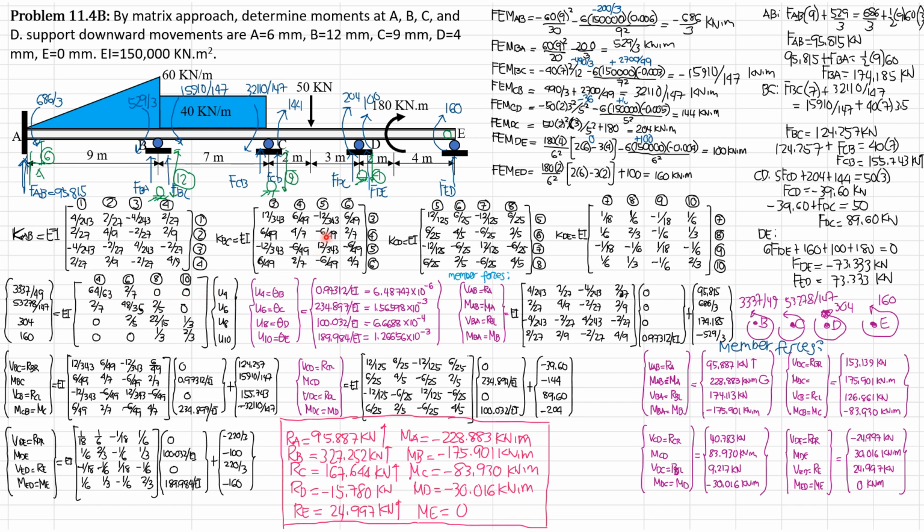For 4, 6, it's just 2 over 7. There's no 4, 8, there's no 4, 10, so 0, 0. Copy 2 over 7, 0, 0 by symmetry.